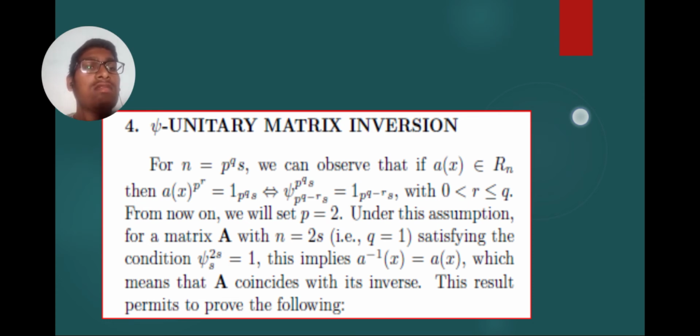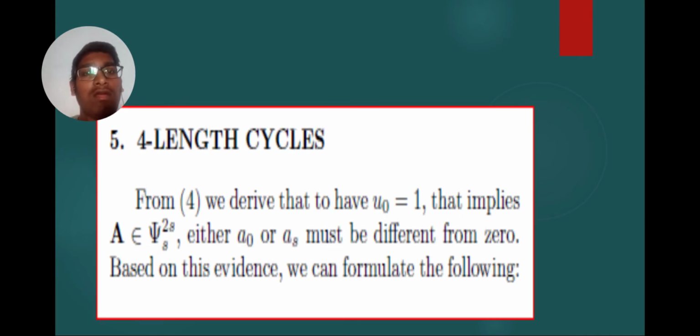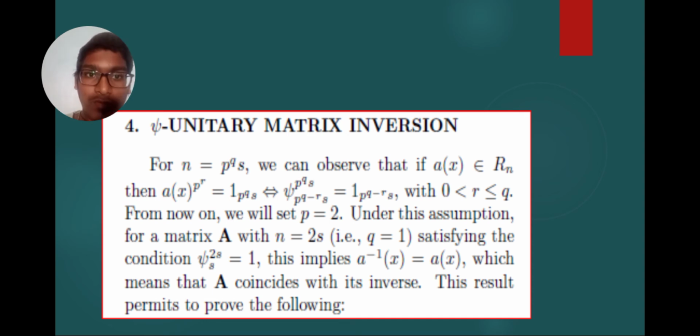This implies A to the power minus 1 of x equals A of x, which means that A coincides with its inverse. This result permits us to prove that perm A coincides with its inverse.